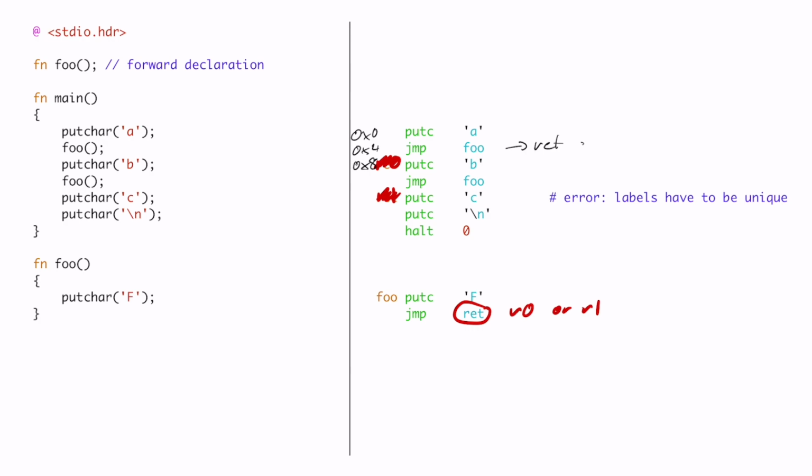So instruction pointer plus 4. When we print the lowercase b, the value of the instruction pointer is 8, and when we call foo a second time, the instruction pointer has the value 12. So this time the return address should be 16, 12 plus 4, which is hex 10.